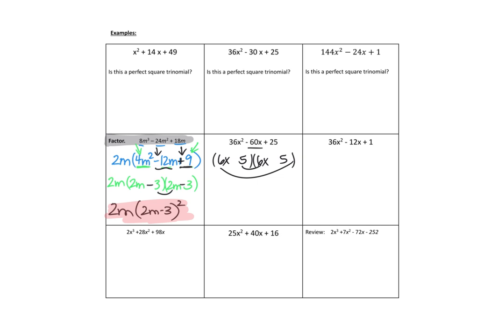Now you just need to figure out the signs. I have plus and minus, so I'm going to try minus and minus, because a negative times a negative gives me a positive. So it is 6x minus 5 squared. Again, always look inside. Those don't have a common factor, so I can't do anything else to it. So that is my final solution.